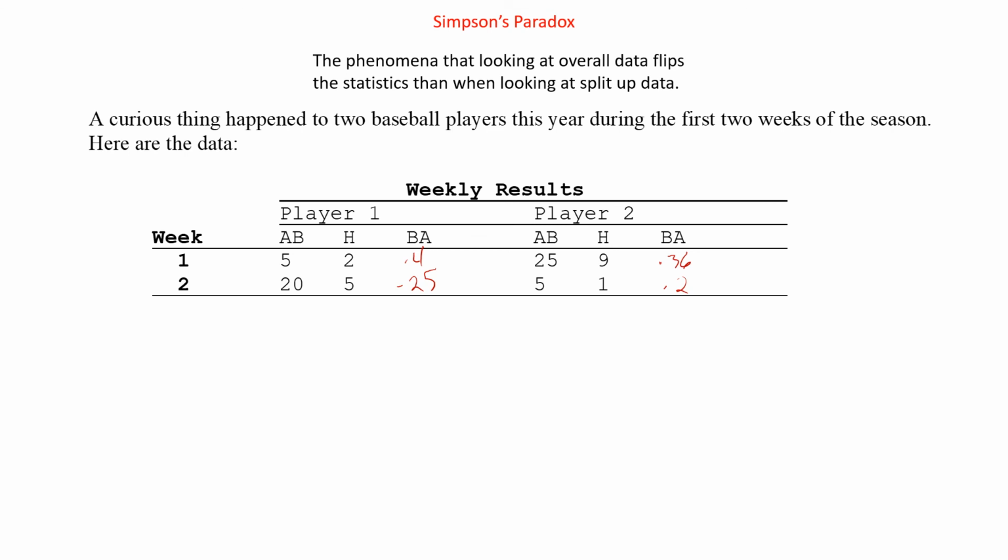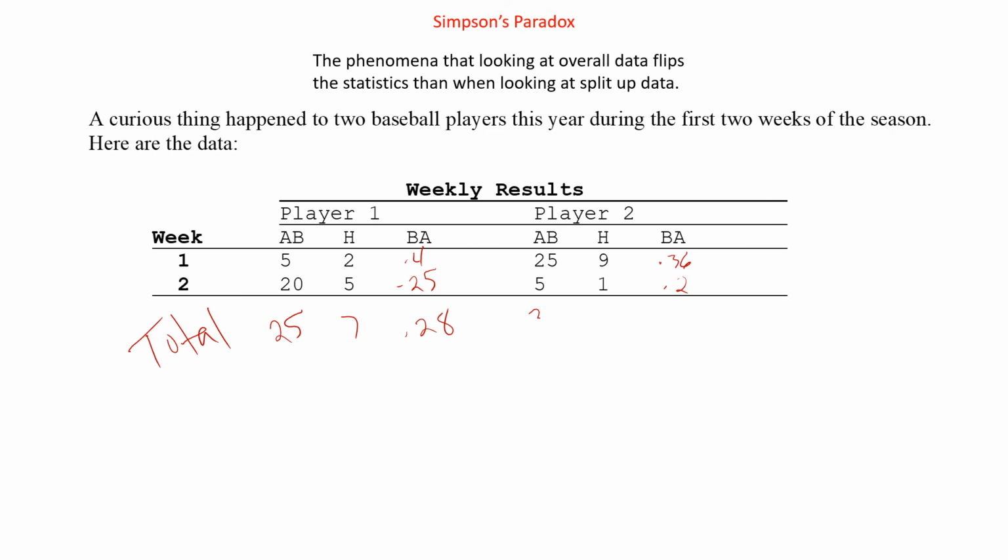So looking at this data, which batter had the better batting average? Well, week 1, player 1 did better. Week 2, player 1 did better again. So player 1 is obviously the better batter. However, if we combine and take their total, we're going to have 7 out of 25 at-bats, which is 0.28.